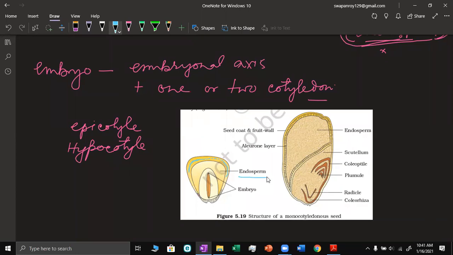So in the mature seed, endosperm is present, and maize grain is an example of an endospermic seed or albuminous seed.